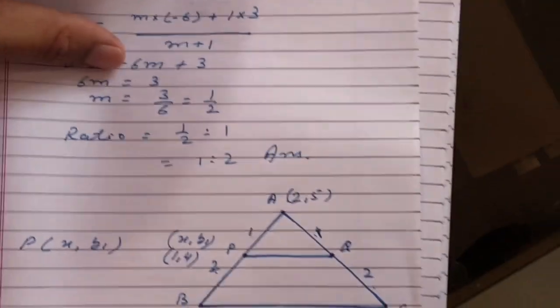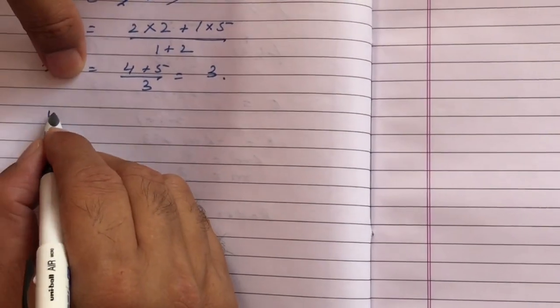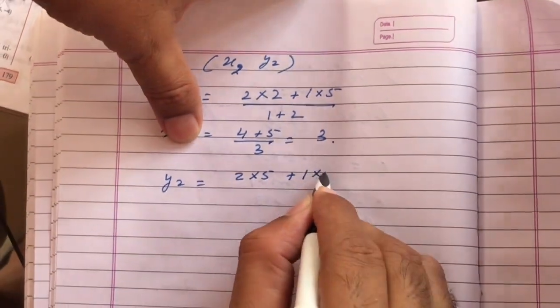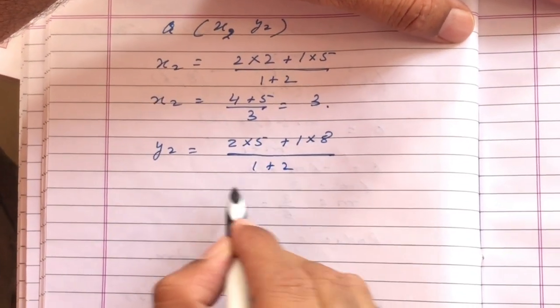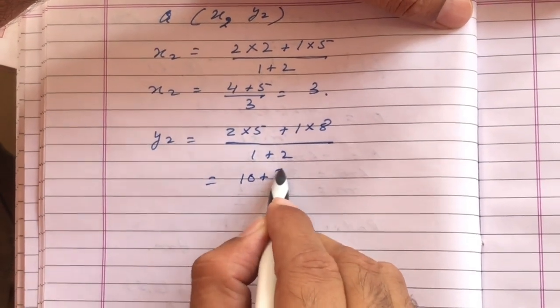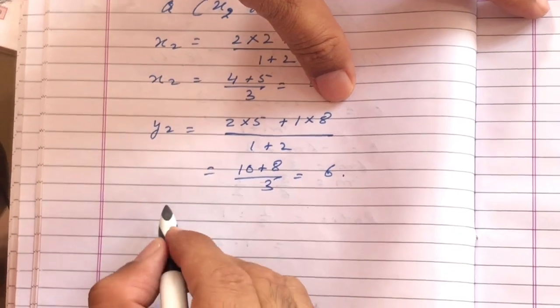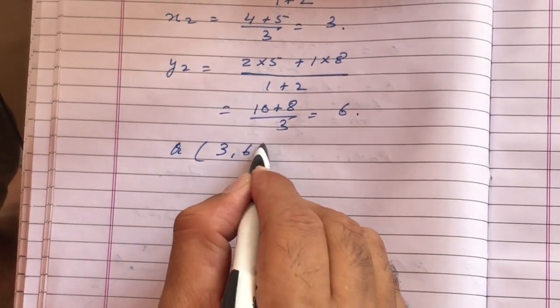Then y2 is (2 into 5 + 1 into 8) upon (m1 + m2), that is (10 + 8) upon 3, 18 upon 3, 6. So the coordinates of Q are (3, 6).